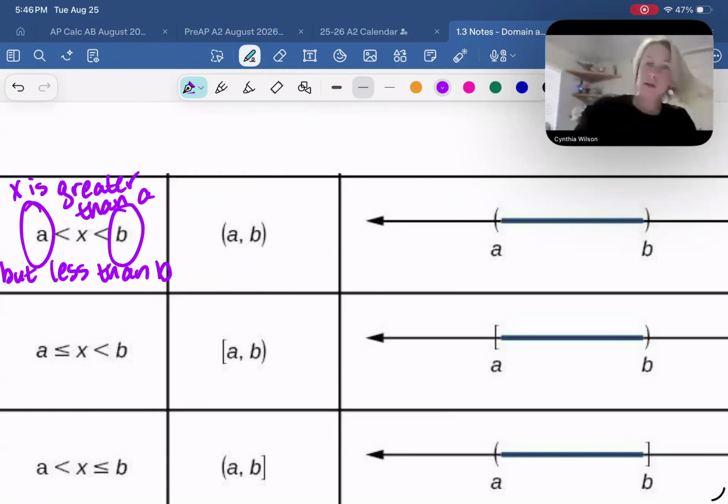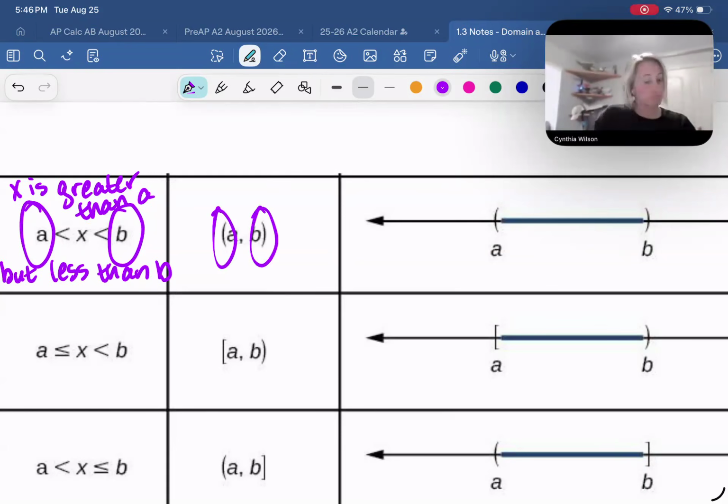All right, so we're beginning at A, ending at B, and you see the parentheses here, just like on the other page, open dots.